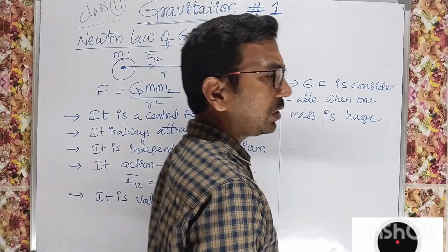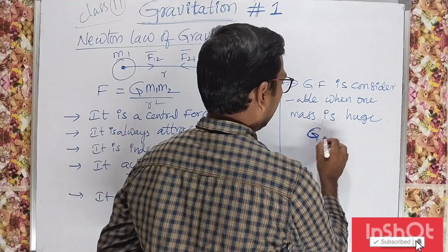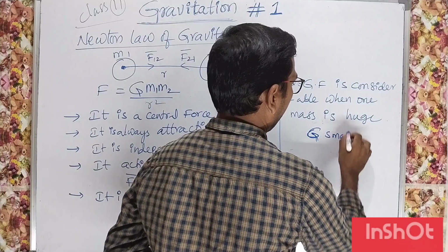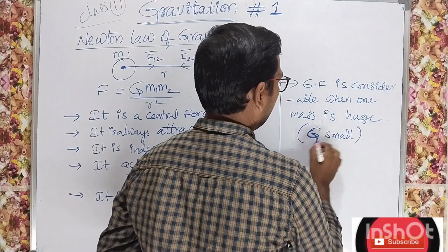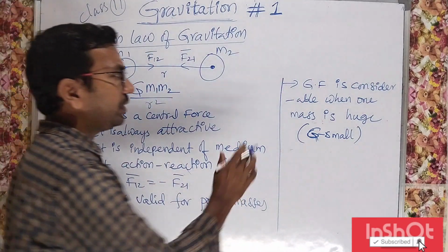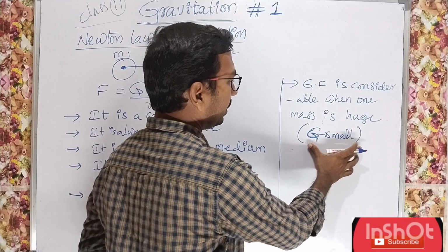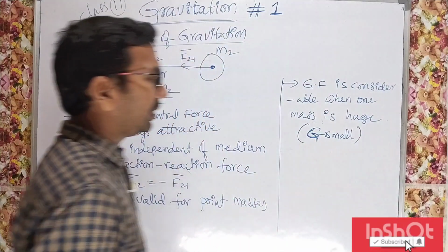Due to the small value of capital G, the gravitational force is considerable only when one of the masses is huge. Why? Because of the small value of G.